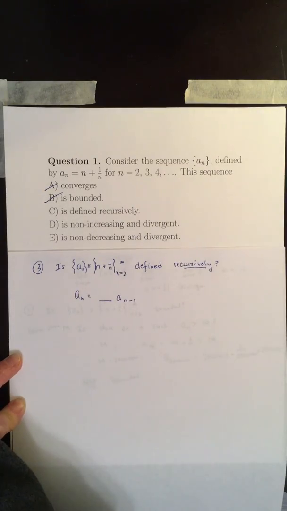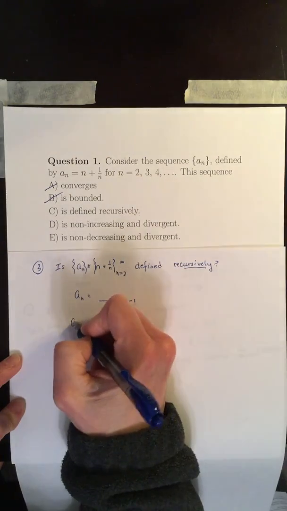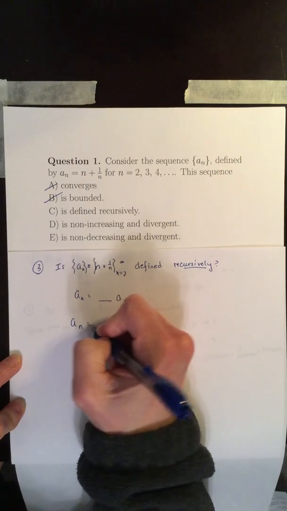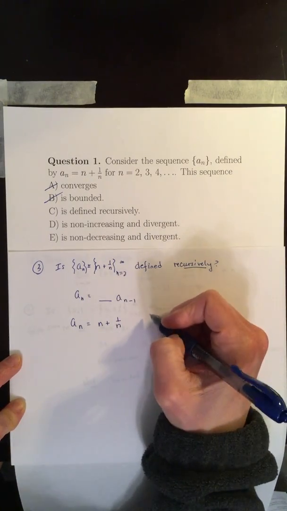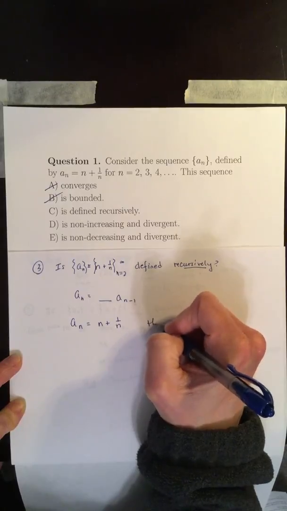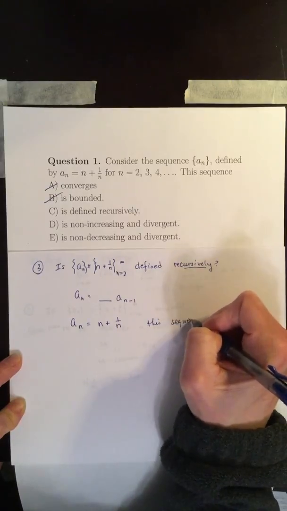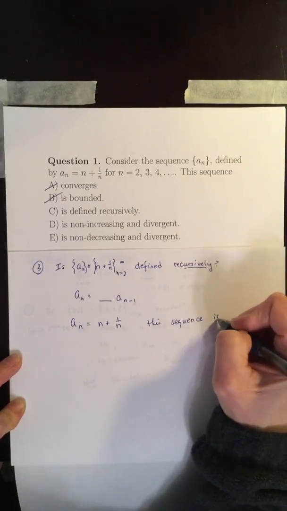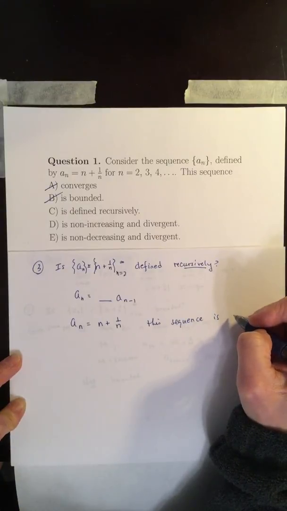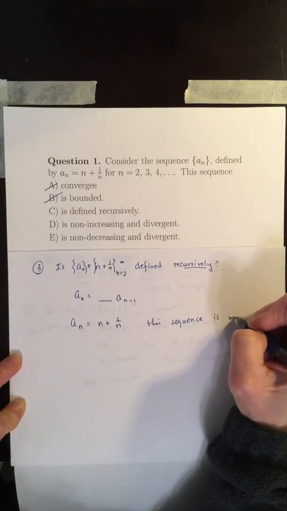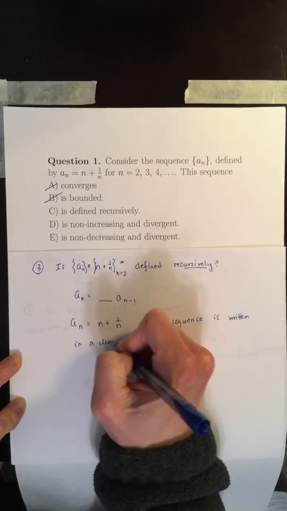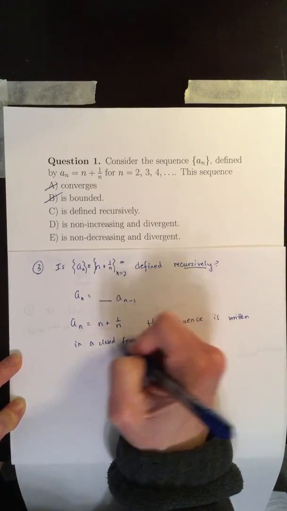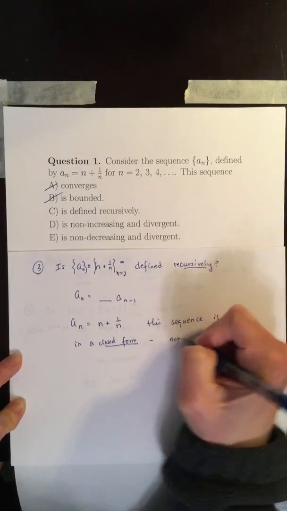And in the form that is currently written, since we have a sub n is equal to n plus 1 over n, this sequence is written in what we call a closed form. Not recursively.